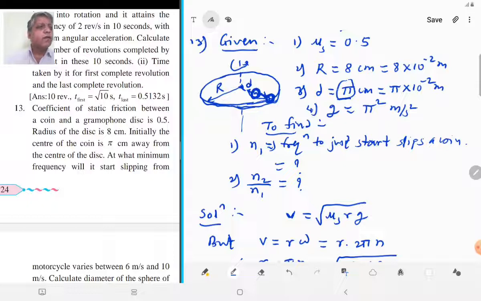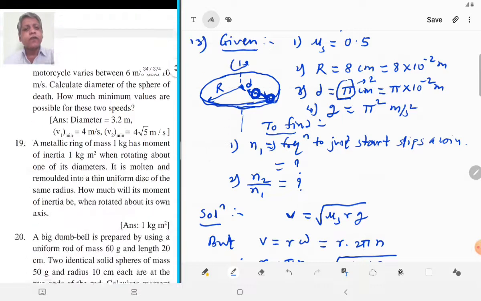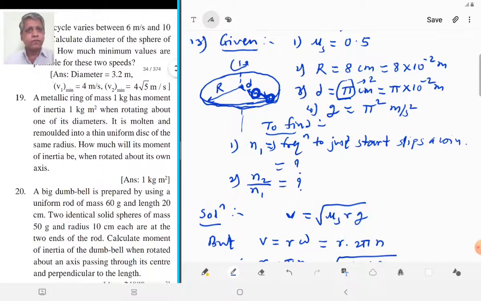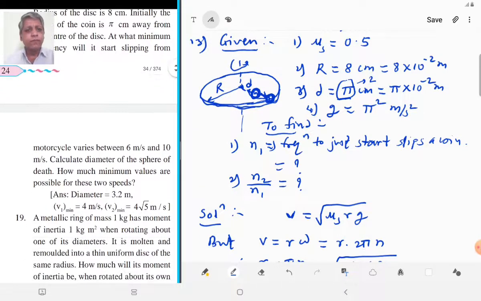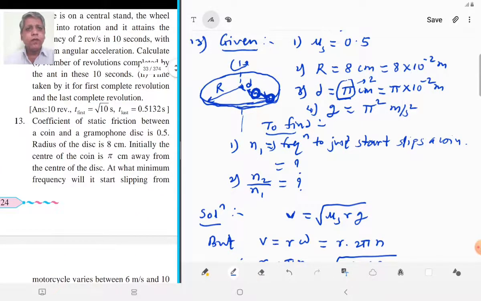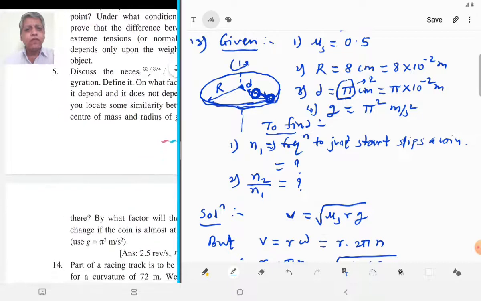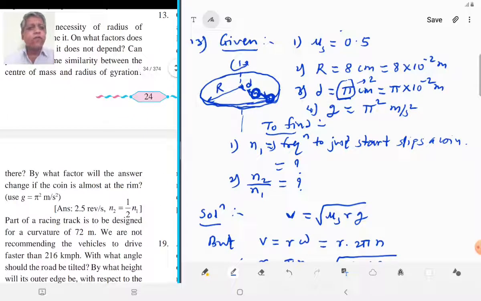Instead of pi, if there is 2, then the answers in the textbook are correct. Remember these things. These answers are only correct when instead of pi we write 2.